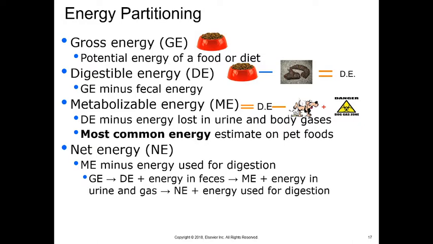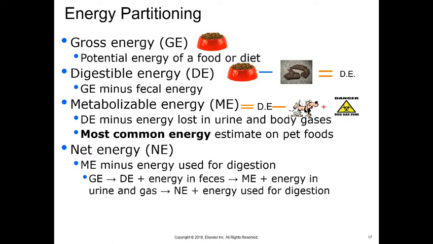Digestible energy is the amount of food that's actually digested by the body. And we can measure that based on how much feces is produced by the animal. So what is that bowl of food, that gross energy, minus the amount of feces, the volume of the feces? That is your digestible energy. And you'll find that the more waste you have, the more feces you have, the less energy is actually in that bowl of food. So foods that are more cheaply made, maybe grocery type foods, Alpo, Ol' Roy, things like that, they're a little bit more cheaply made.